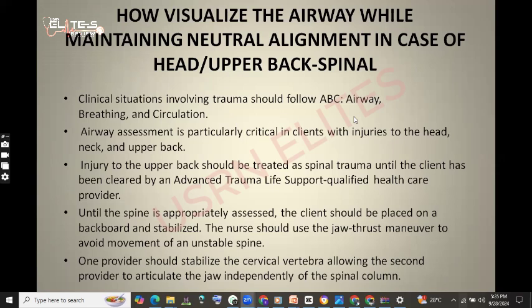When you are doing cardiac resuscitation, that is where your CAB should apply. But when you are doing normal prioritization, like asking prioritization questions, and you get a question involving normal clinical situations concerning trauma and the rest, that one you have to follow your ABC. So take note, those are the differences.